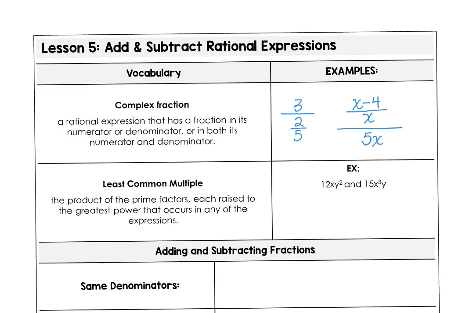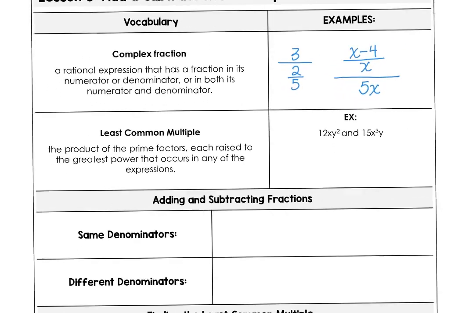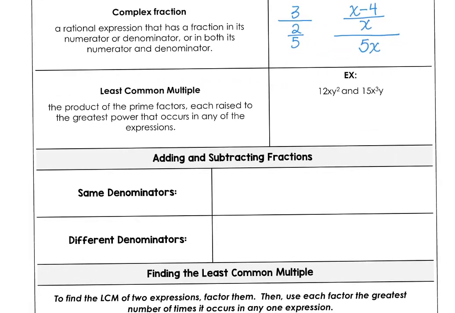Then least common multiple, that's a term that you've seen since elementary school. The least common multiple is the product of the prime factors, each raised to the greatest power that occurs in any of the expressions. In our example here, 12xy squared, if we took all the prime factors of 12, that would be 2 times 2 times 3 times x times y.